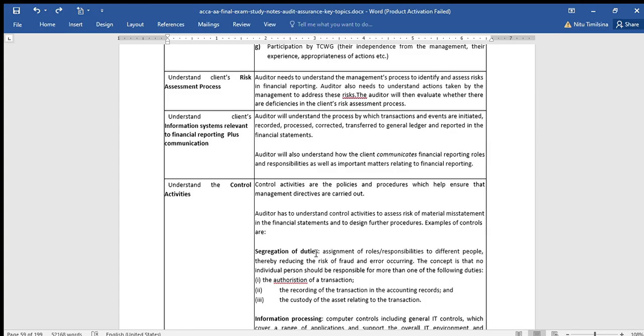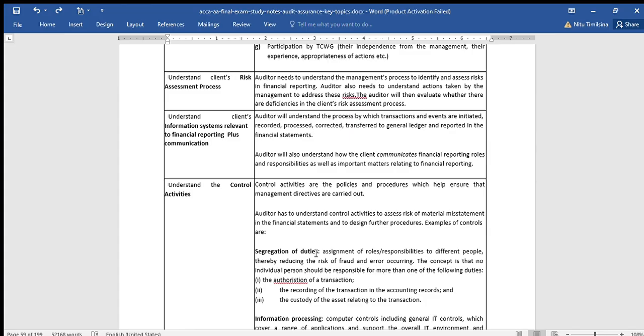Auditor will also understand how the client communicates financial reporting roles and responsibilities as well as important matters relating to the financial reporting. This is about how transactions are recorded, processed, and reported. How information flows inside the company. So if data is entered incorrectly, then everything after that is wrong.